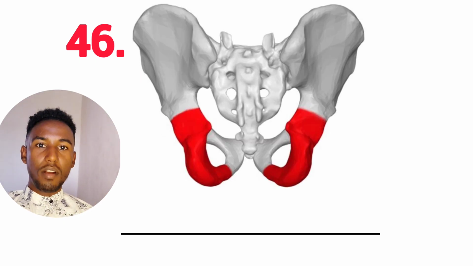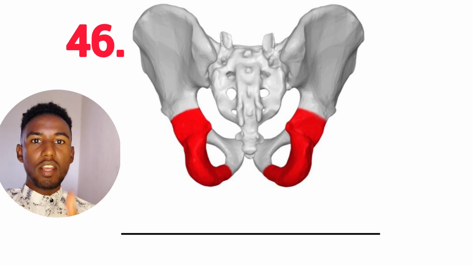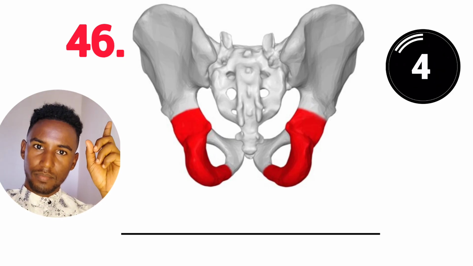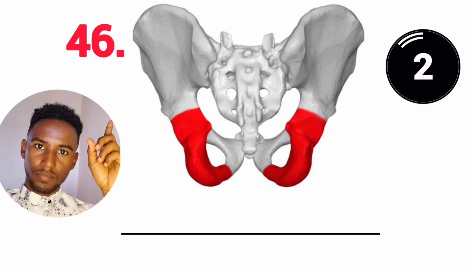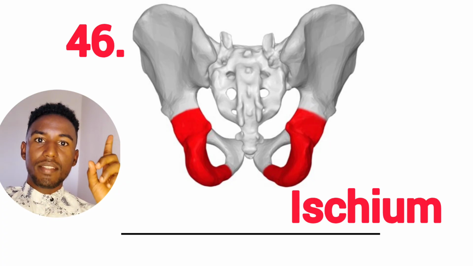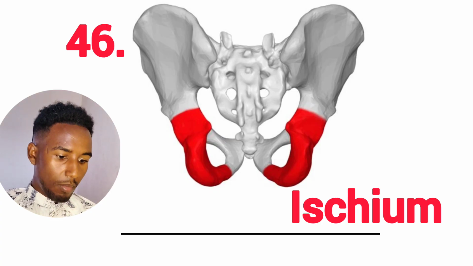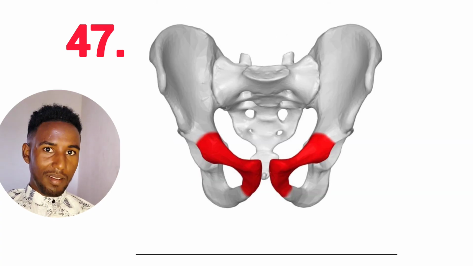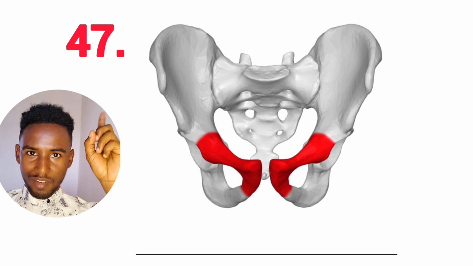Question number 46. What is the name of this bone? It is the ischium bone. Ischium bone is the posterior inferior part of the hip bone. 47. What is this bone called?